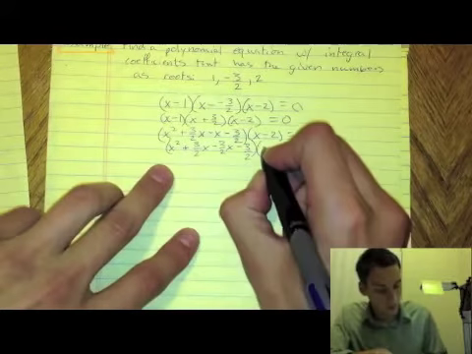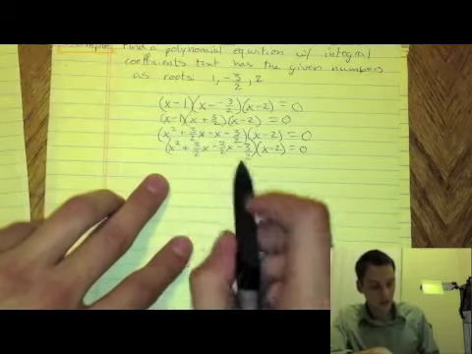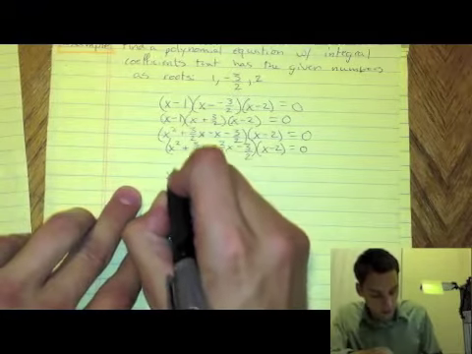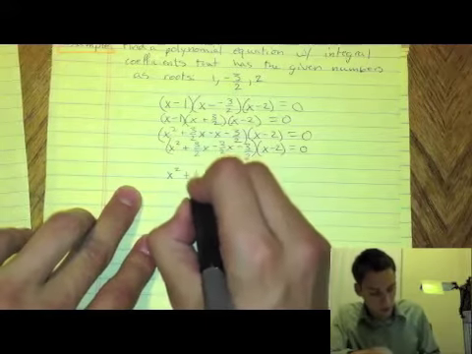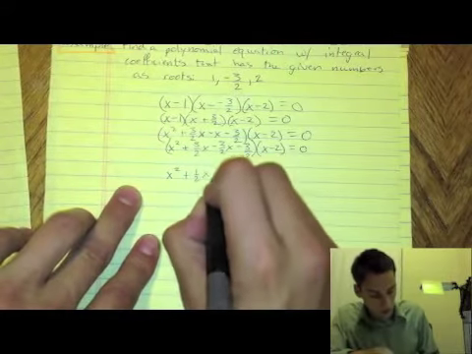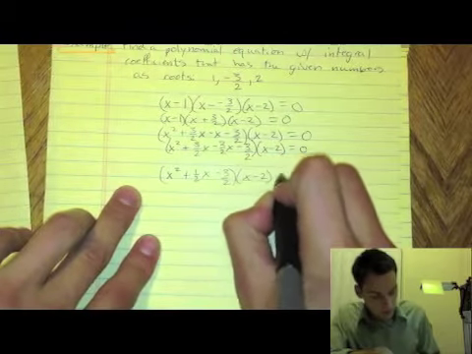And then multiply by x minus 2 equals 0. So if I simplify this, I'll get x squared plus 3 minus 2 is 1/2 x minus 3/2, all times x minus 2 equals 0.